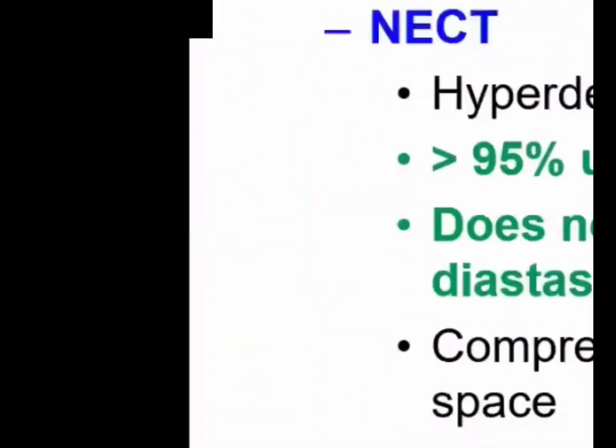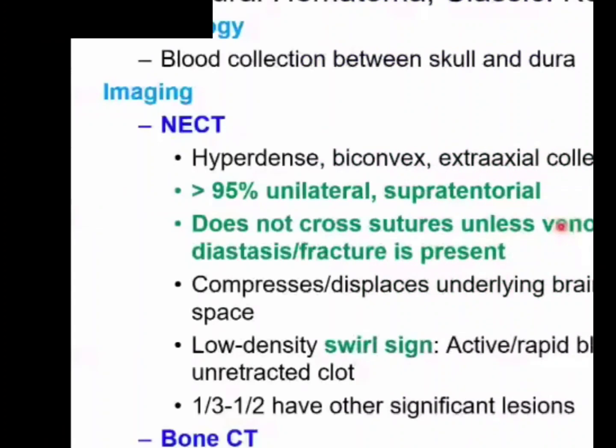So please remember that extradural hematomas can be of two etiologies. One is arterial, which is the middle meningeal artery, most commonly. However, they can be venous in origin. And this is what they will ask in the exam, venous origin. So we'll come back to this in more detail in the subsequent slides.